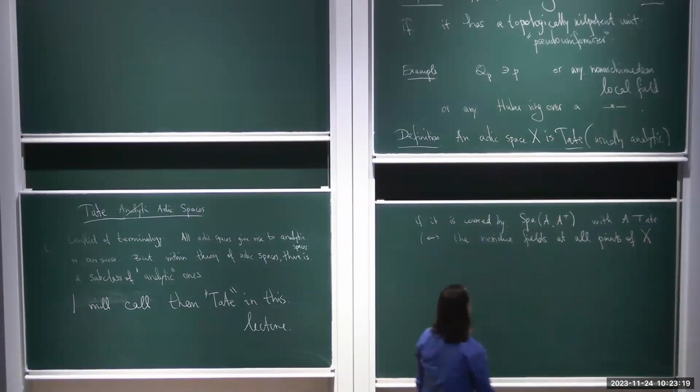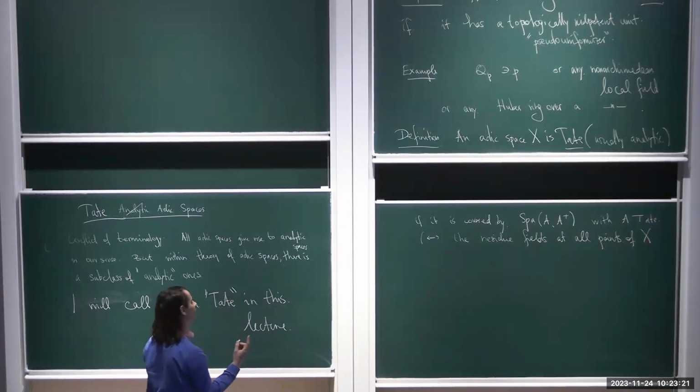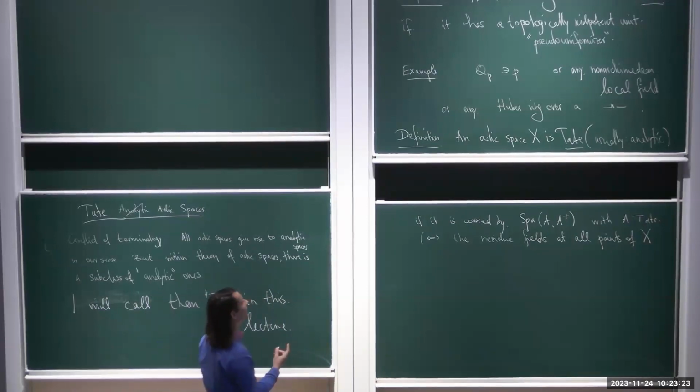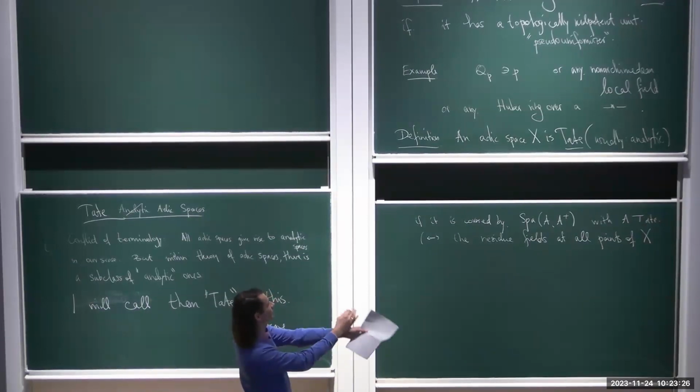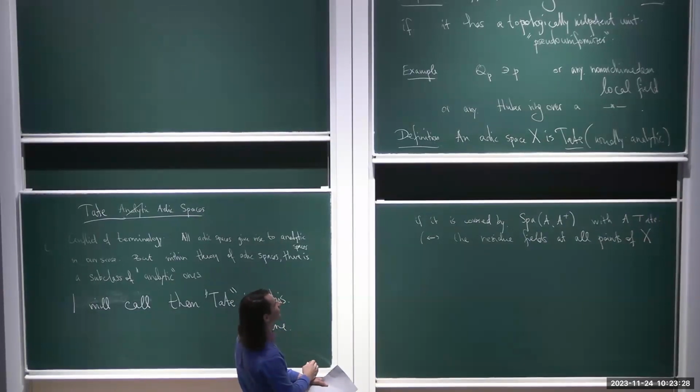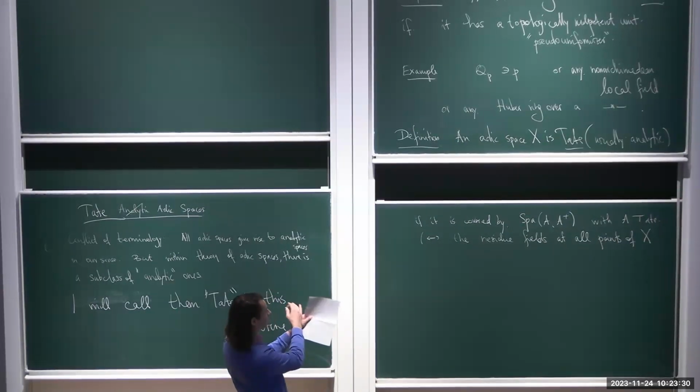So if you have any adic space X, you can actually at each point on X define a so-called completed residue field. And these can either be just discrete rings or they can be complete non-Archimedean fields. And you're somehow asking that there are no points where it is a discrete ring.